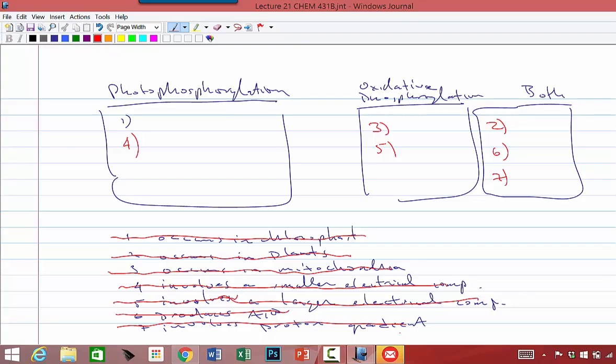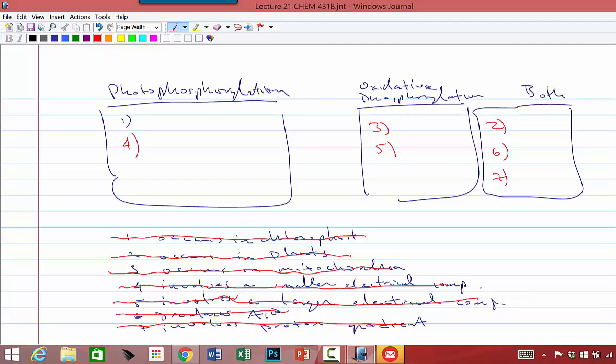We've talked about the reactions in photosynthesis that require photons. We talked about it in the Z scheme, and we also talked about it in the cyclic photophosphorylation scheme. So I've given you examples of that.